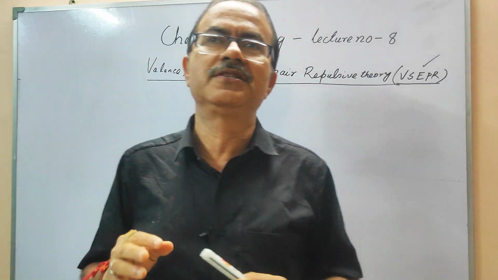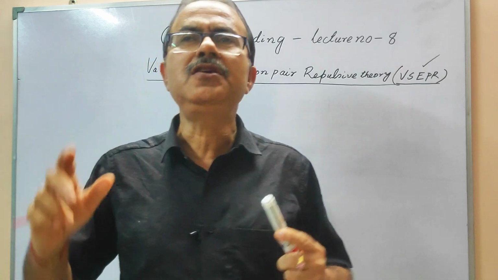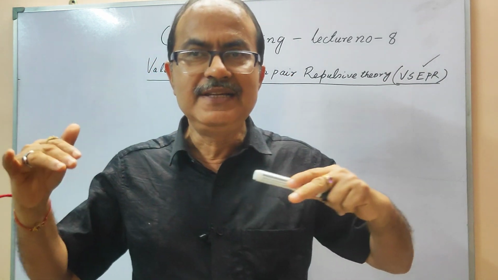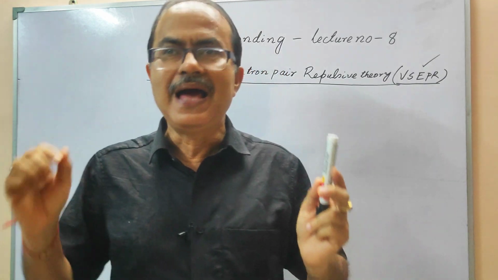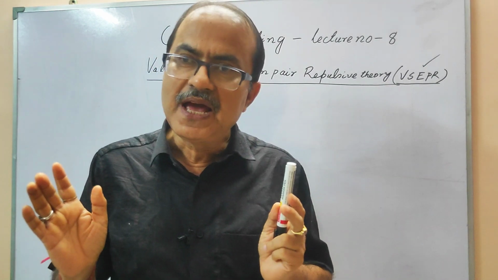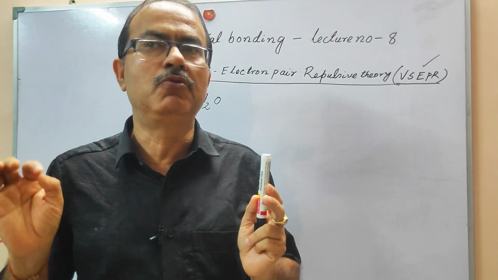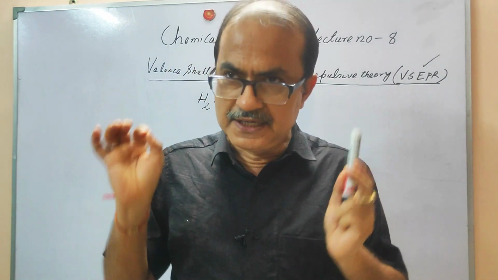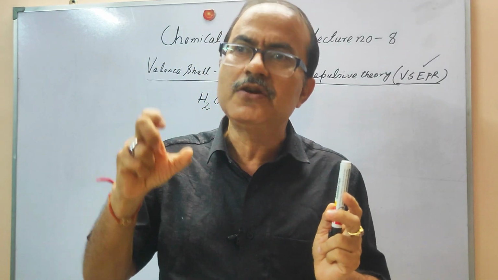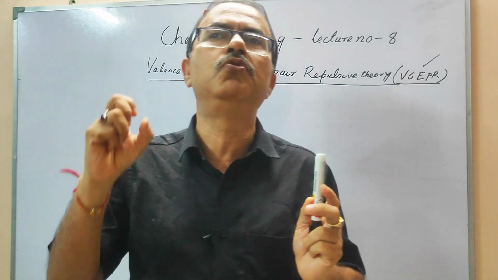In this process the energy of the molecule becomes minimum and the molecule achieves stability. That is the very basic thing in chemical bonding: the molecule achieves a state with a minimum amount of energy.